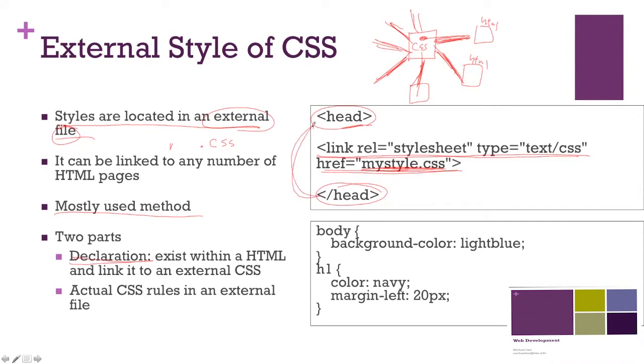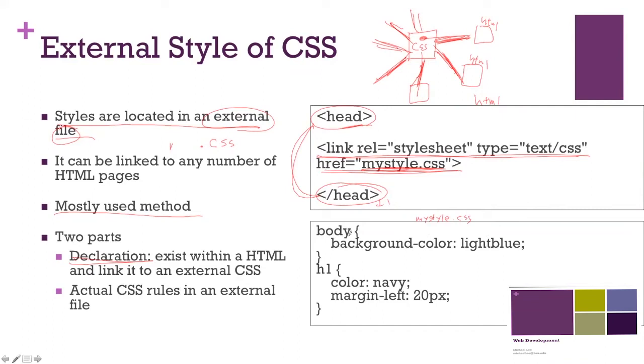And then the actual CSS rule is in an external file. So this is your HTML. And under the head, there is a body, and there will be content there, right? But in the body section, we don't put any CSS information at all. But let's say this is my style.css. Let's say this is the actual CSS file. A CSS file is simple text, like HTML.